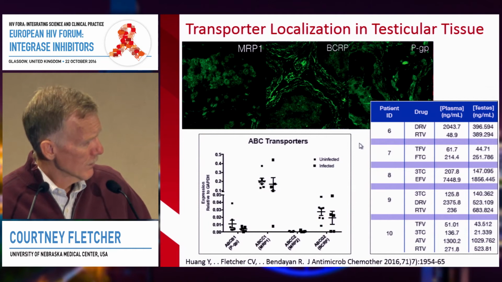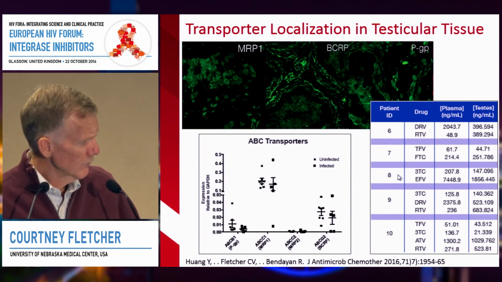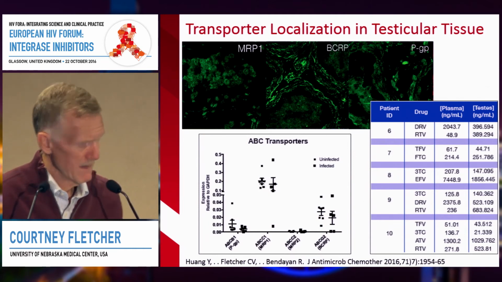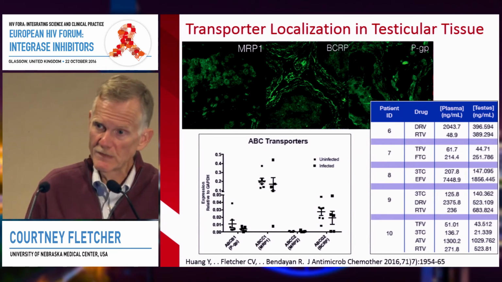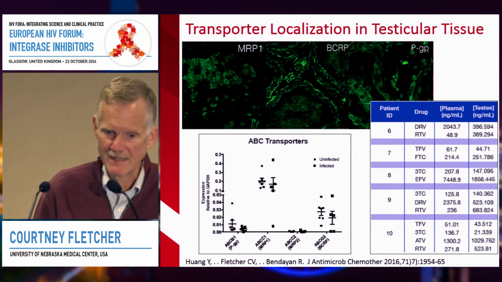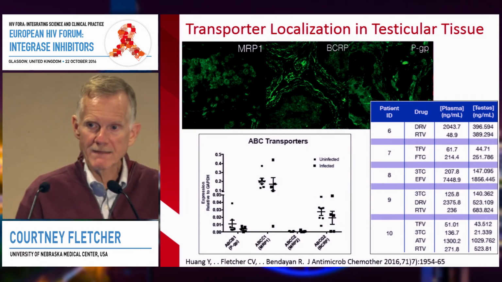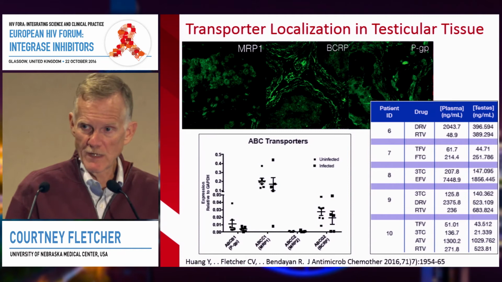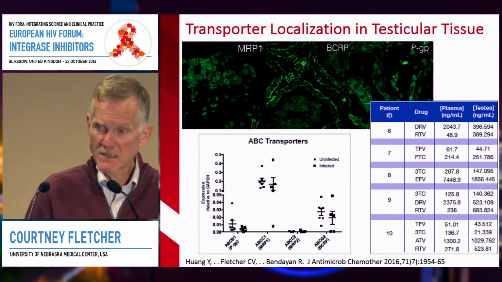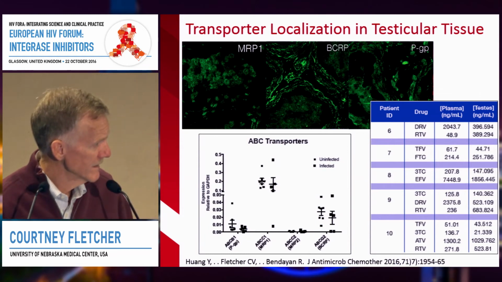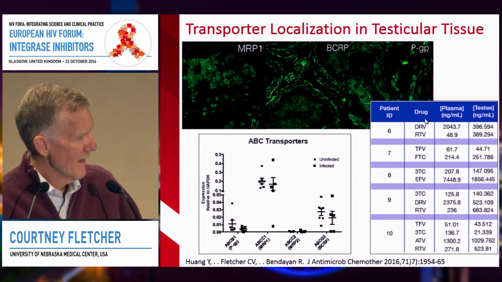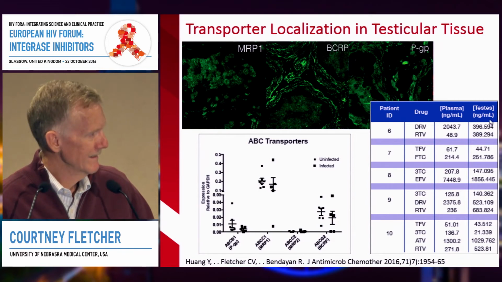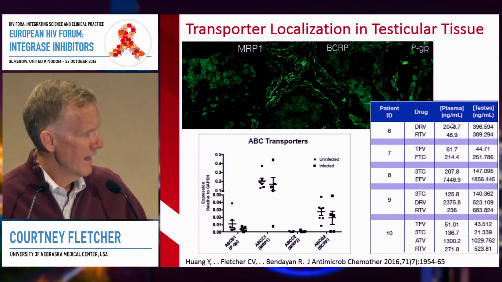We then were able to work with Rena Bendayan and this group from Canada, looking at 5 males who were undergoing gender reassignment surgery. And so we had the ability then to study the testes, looking at the expression of these membrane transporters and the antiretroviral drugs that they were on, and the penetration in plasma and in tissues. And I'll just make the point with darunavir, we find about 15% of the drug in testicular tissue as we find in plasma.